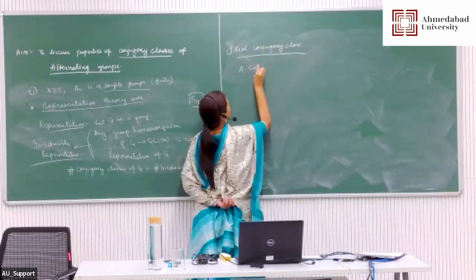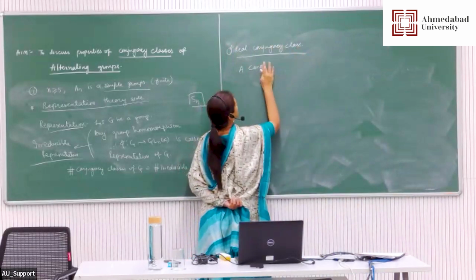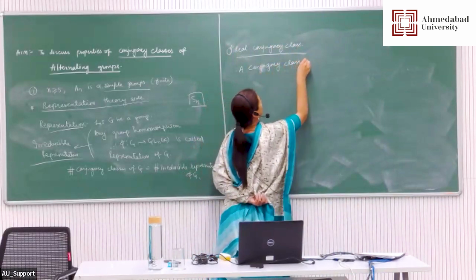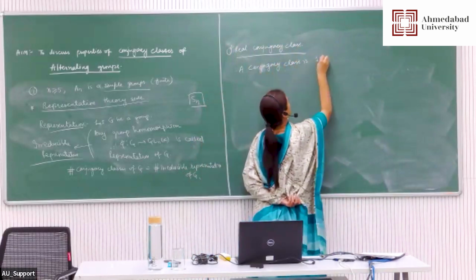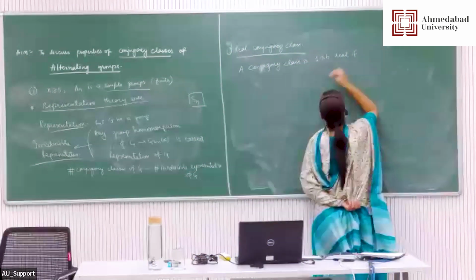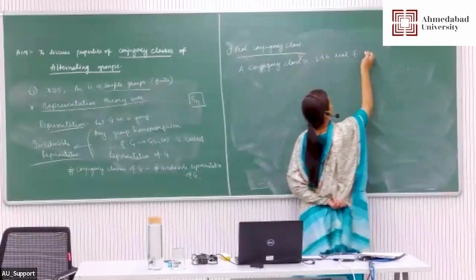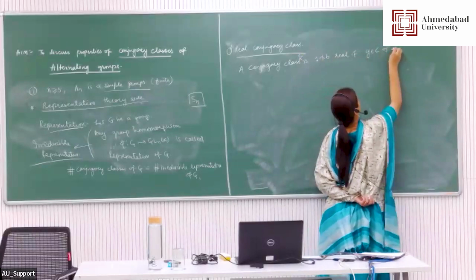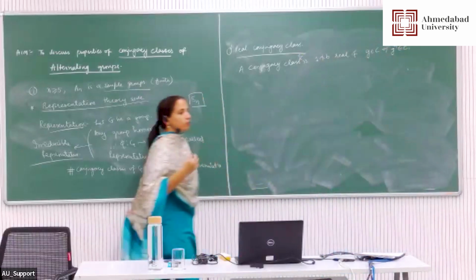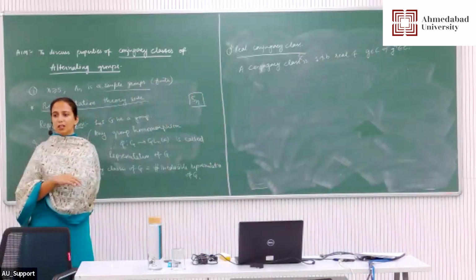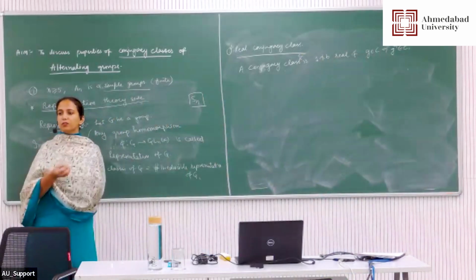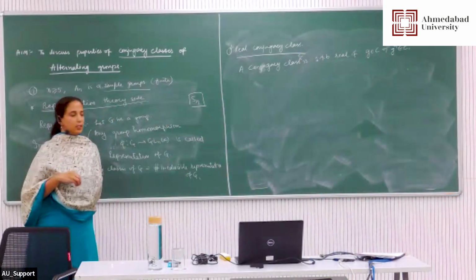A conjugacy class C is said to be real if g belongs to C implies g inverse also belongs to C. If an element is conjugate to its inverse, then the element is called a real element and its conjugacy class is called a real conjugacy class.